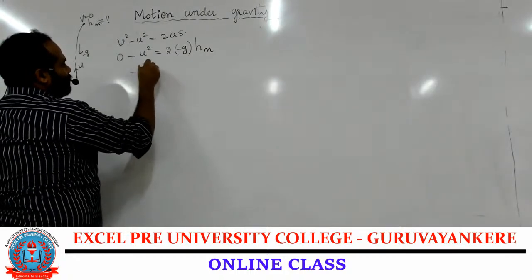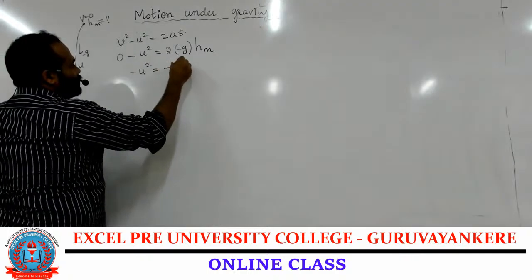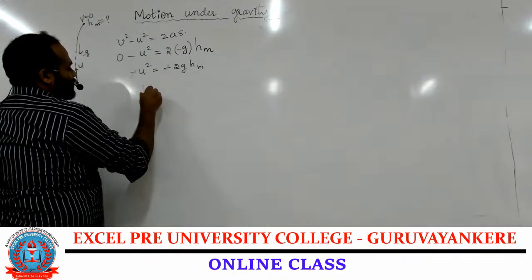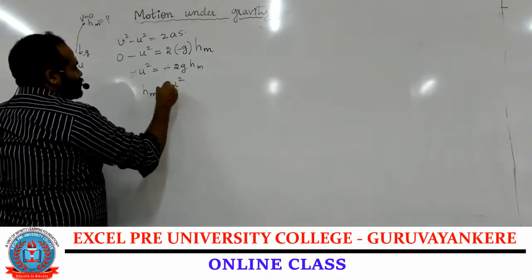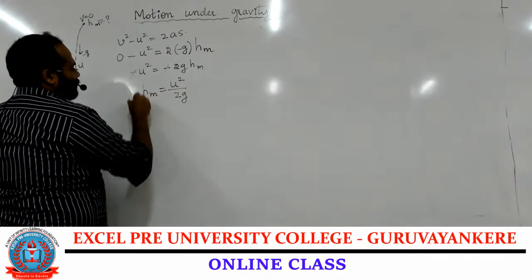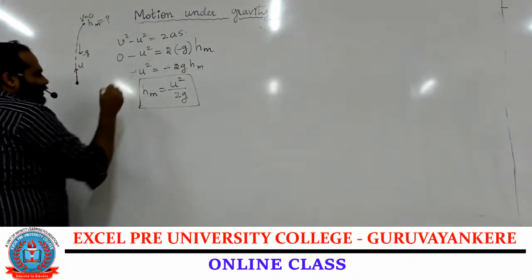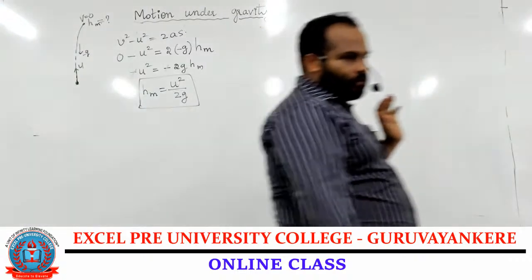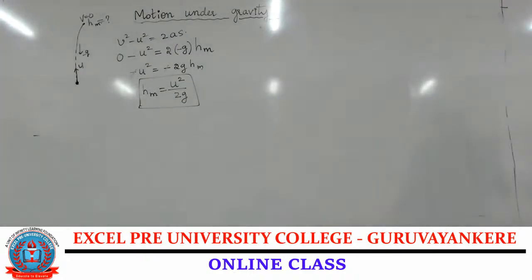So minus u square equal to minus 2g hm. Minus cancels. hm is u square by 2g. This is another formula we can use. Hope all of you got this. Okay? Hope you understand.